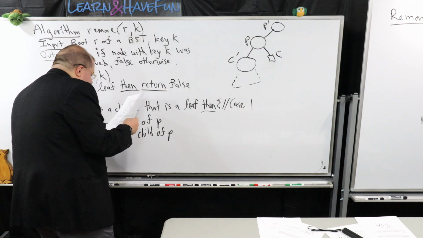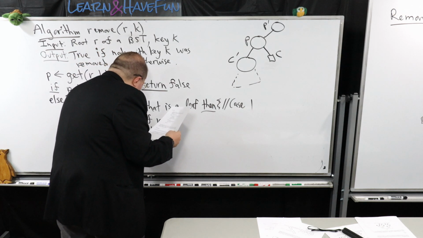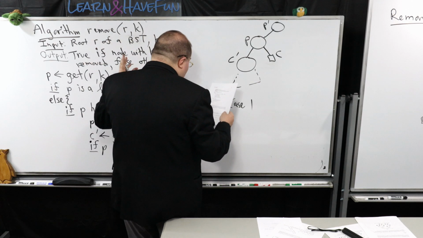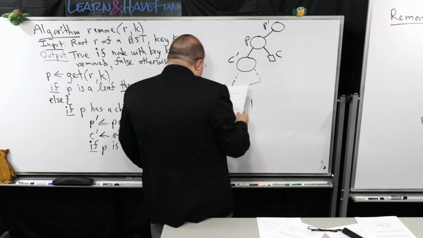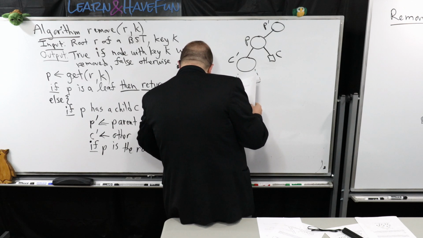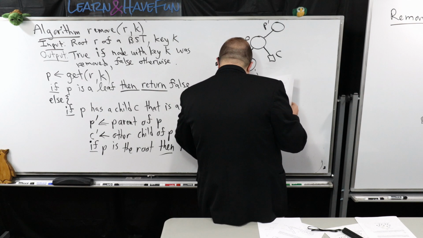So we check if P is the root. So I'm going to first check if P is the root, I'm talking like the root attribute of your binary search tree. Then, if this is the case, then what you're going to do is you're going to make C prime the new root.